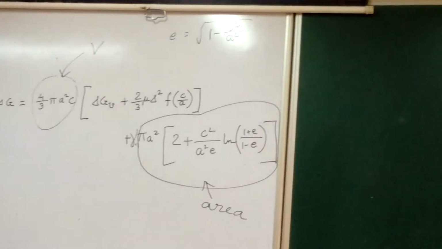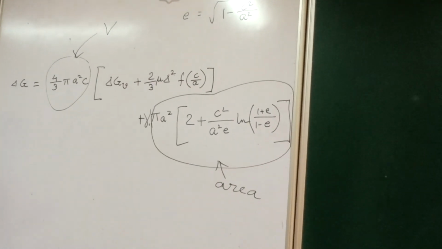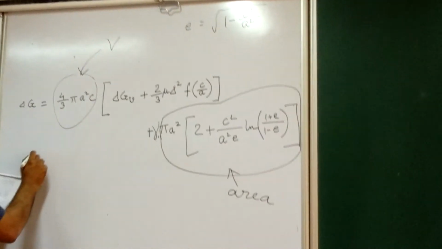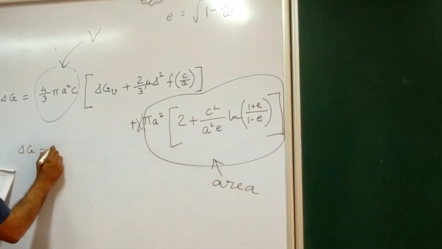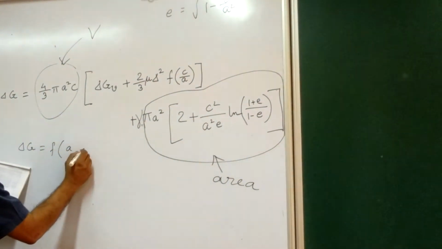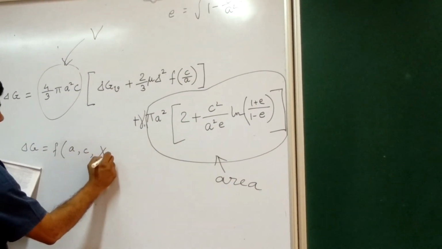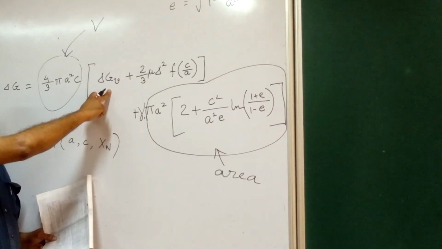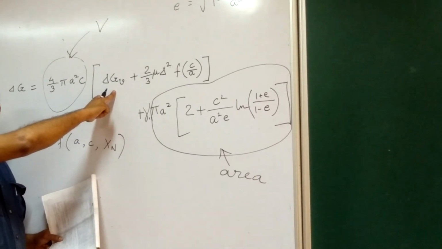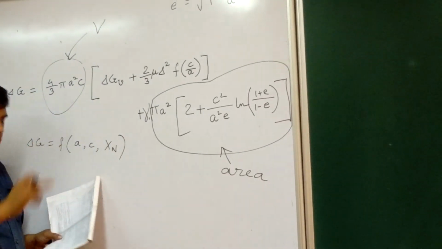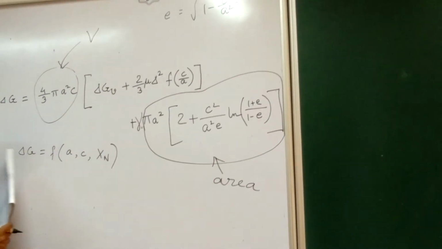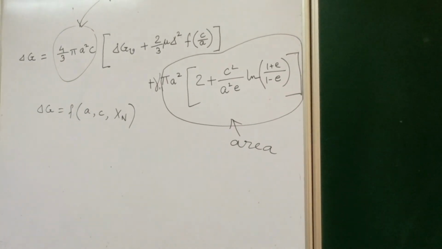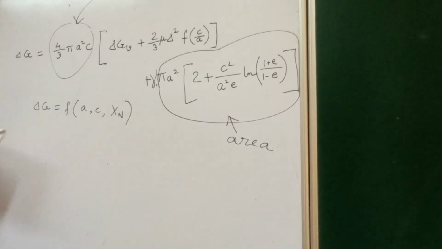and so delta G represents a surface in 4-dimensional space, the independent variables being A, C and Xn, because Xn will come into here. If it is a two-component system, Xn will come here. So it's a surface, and the saddle point will give you your delta G star for nucleation.